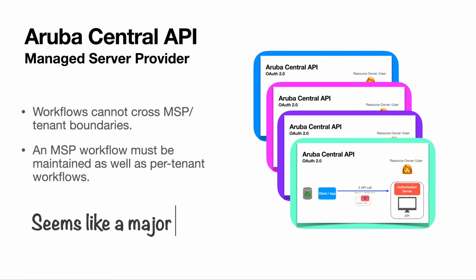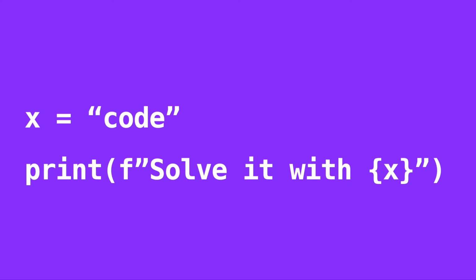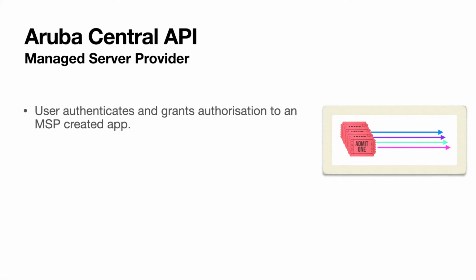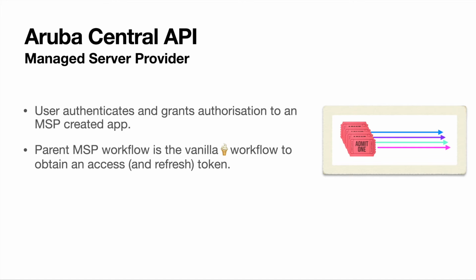Which you could say, well, that seems like a major hassle. But actually, if you're interacting programmatically, you can solve this with code. And what happens is the user authenticates and grants authorization to an MSP created app, so at the MSP level, and the parent MSP workflow is like a vanilla workflow to obtain the standard access and refresh tokens, which we've already seen in video 1.